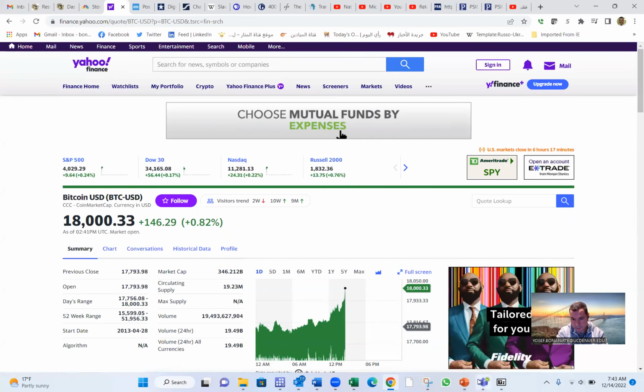We call this a support: whenever it goes to 200, it bounces up. So if next time the price of this coin goes down to 100, then I will buy it, because I know below 100 it's not going to go. It's going to bounce, and there is a support at 100.